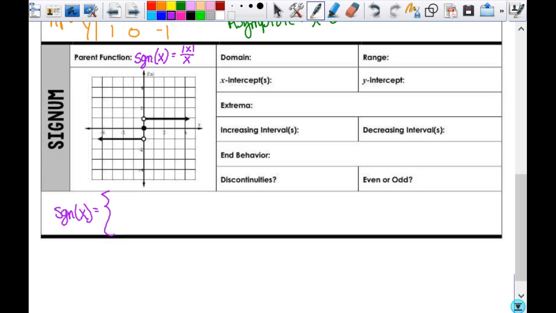So y, or the signum of x, is equal to negative 1, but not the whole time, only when x is less than 0. That make sense to you? Then it equals 0 when x equals 0. And then it also equals 1, but not the whole time, only when x is greater than 0.